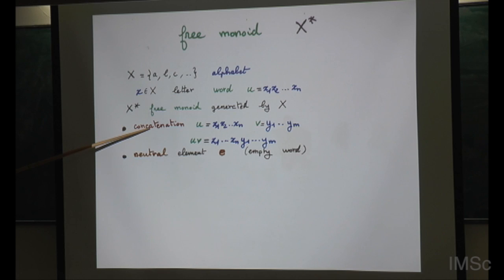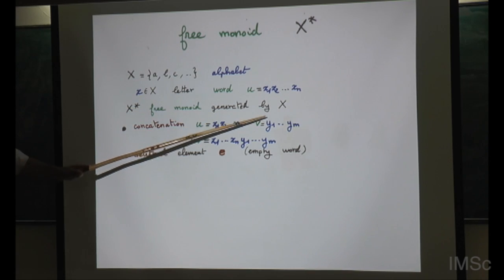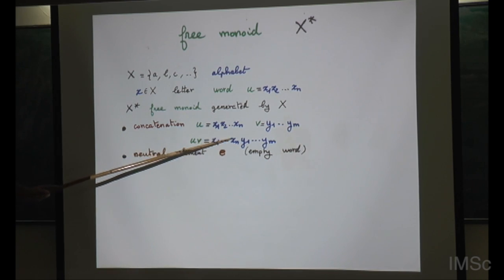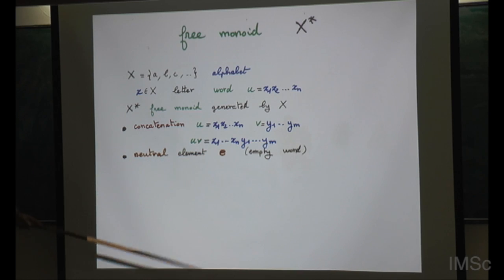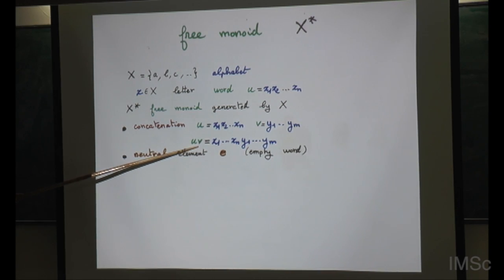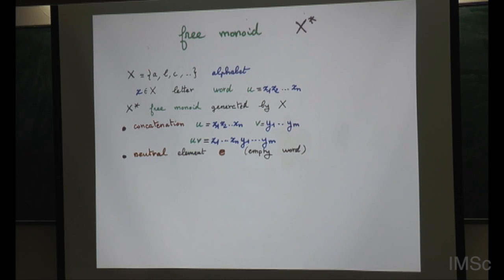So what is the product in this set of words? The product of two words is just a concatenation of the two words. You take the word u and multiply by the word v. And in this product, there is a neutral element, denoted by epsilon, it's just the empty word, no letters.